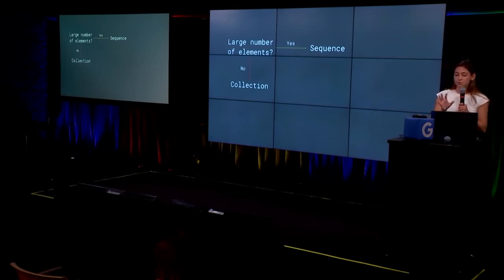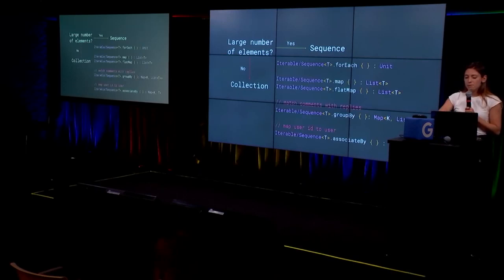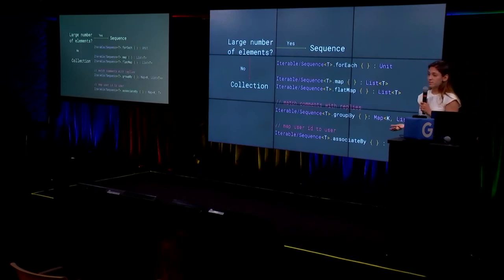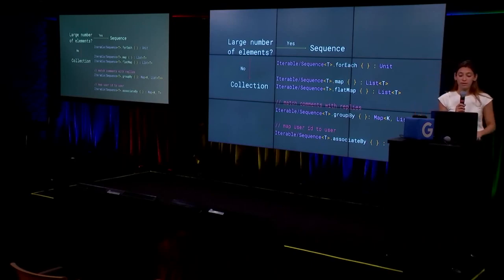But I would say that this would be an overall idea or an easy way to think about these things. But whether you end up using collections or sequences, both of them have a lot of extension functions implemented. So whenever you work with them, make sure that you first look at what's implemented already for you and don't try to reinvent the wheel.